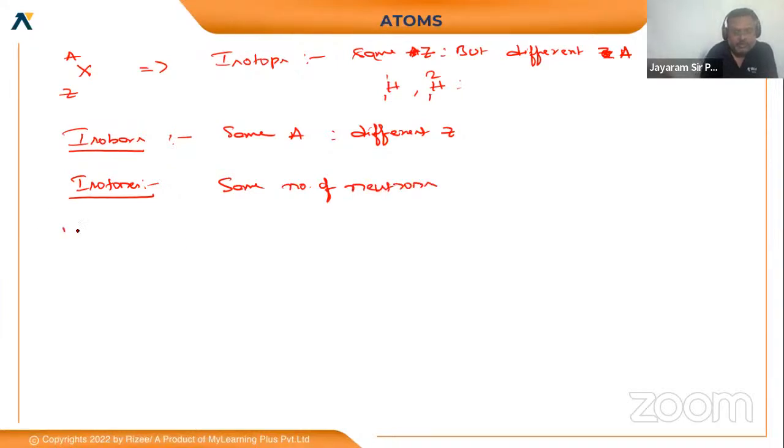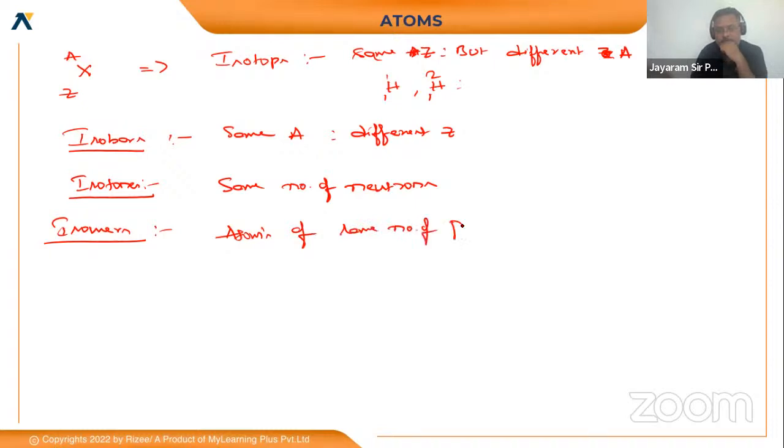Next one, isomers. What are these isomers? Atoms of the same number of protons and neutrons, but different energy states.